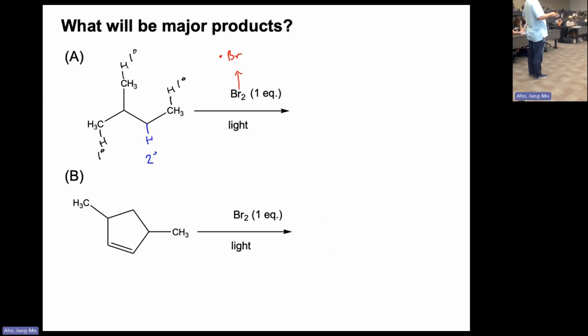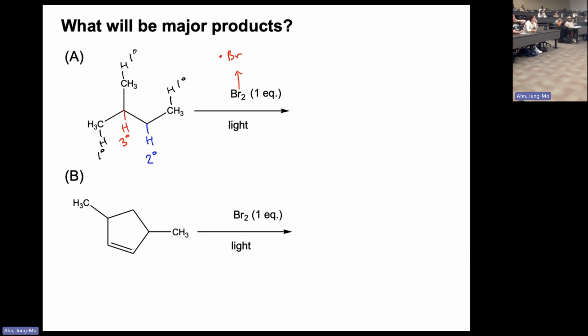And then we do have secondary hydrogens. That carbon has two carbon substituents, so this is a secondary carbon. So I could call this one a secondary hydrogen. And then this one, this carbon has 1, 2, 3 carbon substituents. So this carbon is a tertiary carbon, and this hydrogen can be called a tertiary hydrogen.